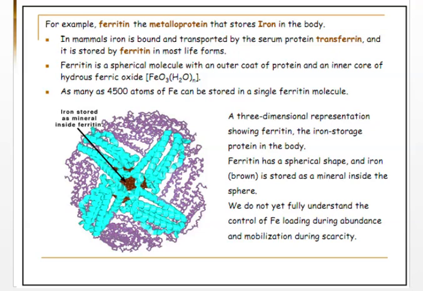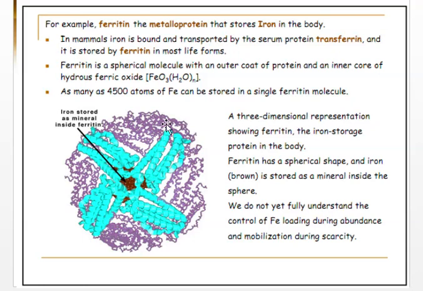Ferritin is a spherical molecule with an outer coat of protein and an inner core of hydrous ferric oxide. What is hydrous? Which contains some molecules of water.